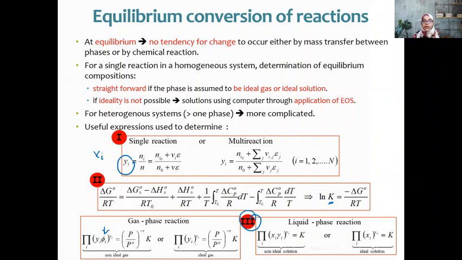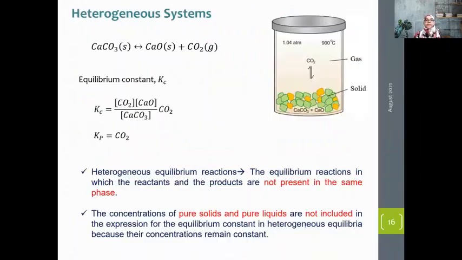And for the ideal gas, there is no introduction of the fugacity coefficient into the expression. And for the liquid phase, for the non-ideal, we can use the activity coefficient. And for the ideal solution, the activity coefficient is not considered to determine the equilibrium constant, or if the question is speaking about the mole fraction.